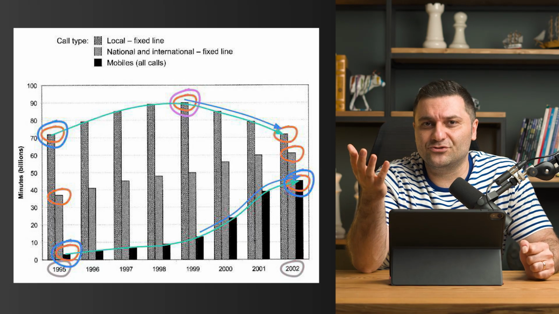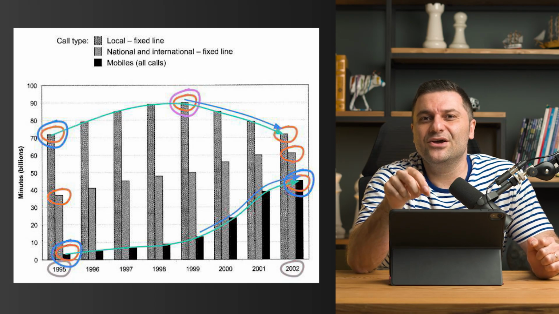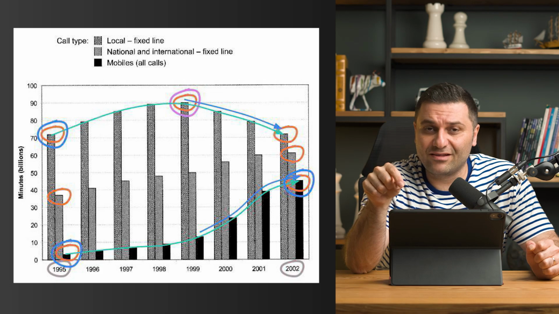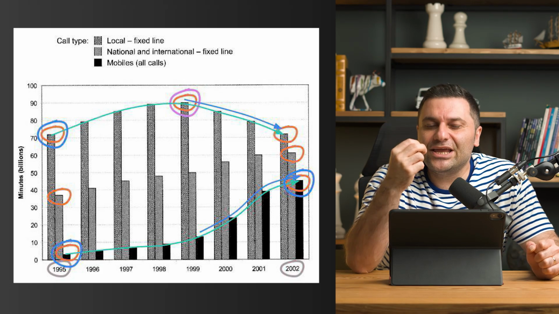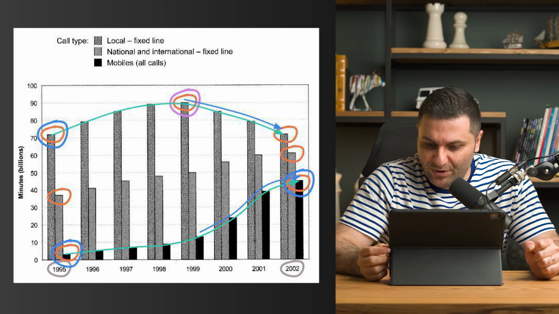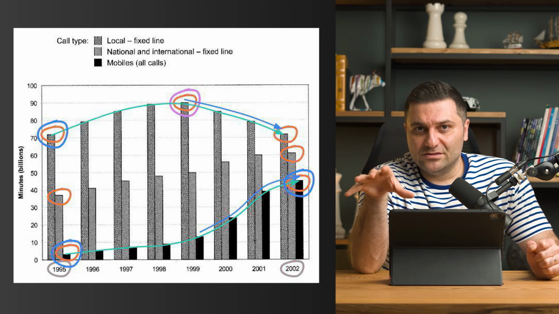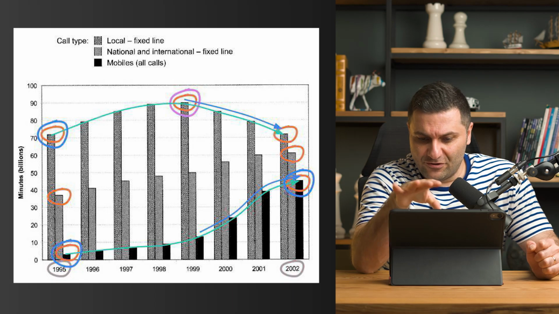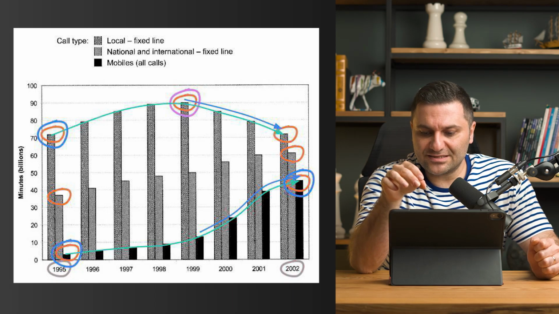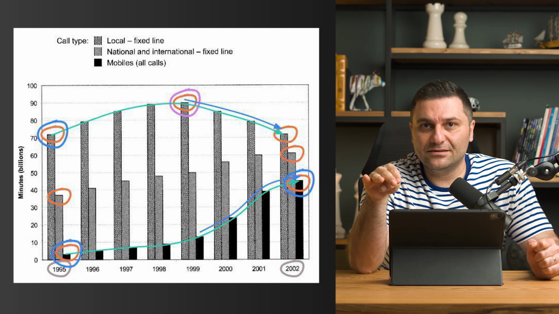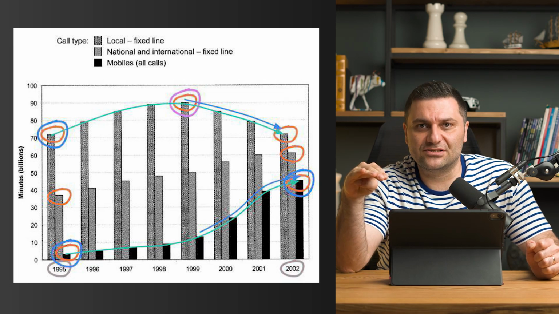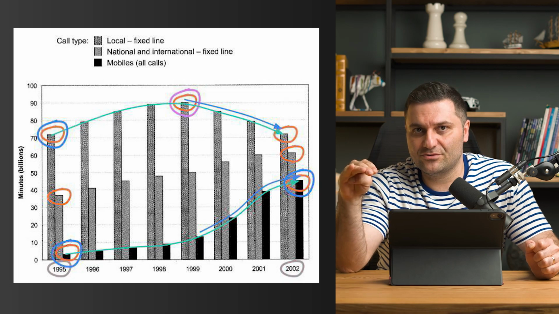Then we have some interesting changes. What are interesting changes? As you see, the green line represents interesting changes. For example, in mobiles, throughout this 8-year period, there is an increase all the time, up to 2002.